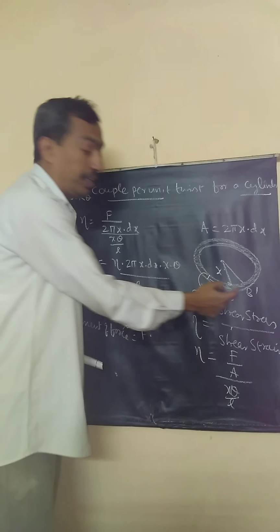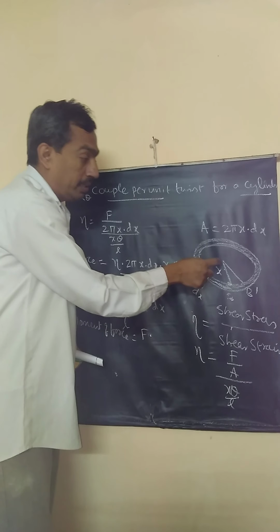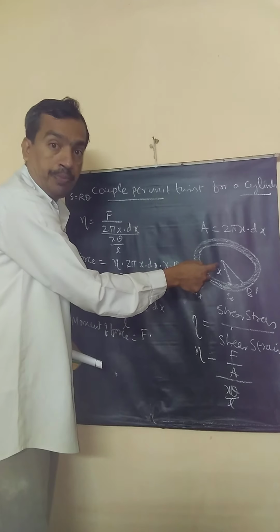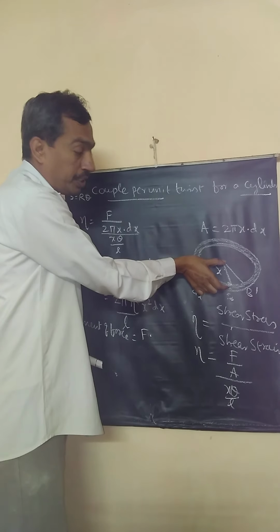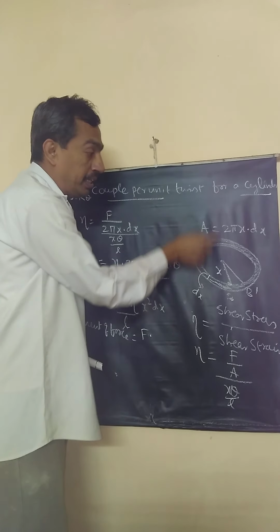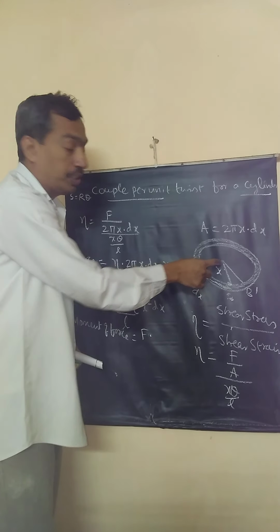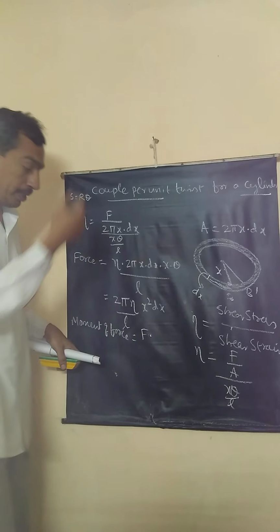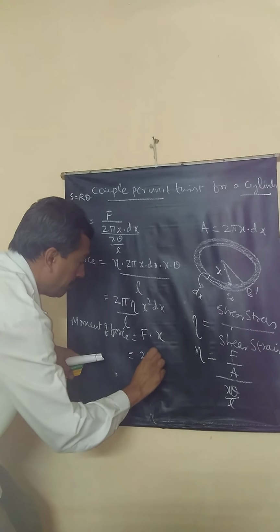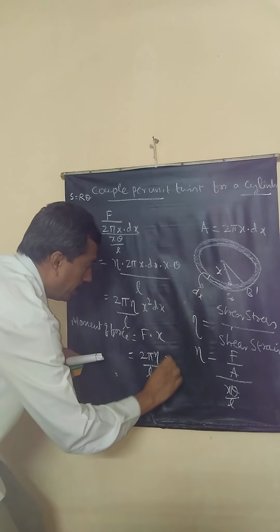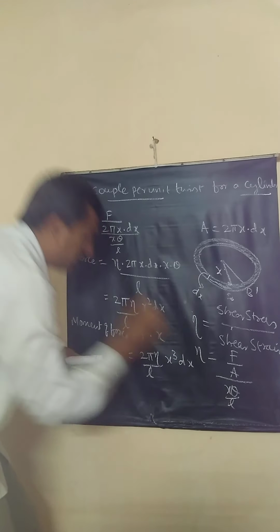The outermost layer is experiencing maximum displacement. The central axis is not experiencing any displacement. So the shear is with respect to this central axis, which is not experiencing any displacement. So force into displacement. Therefore, 2 pi eta by L x cube dx.